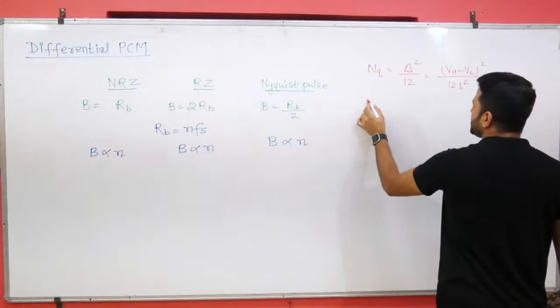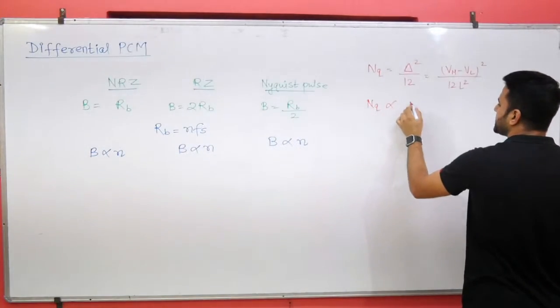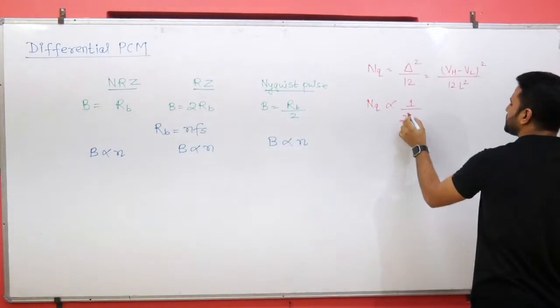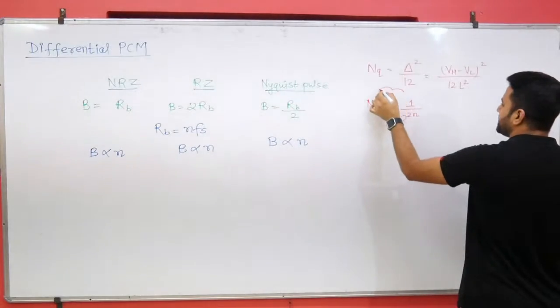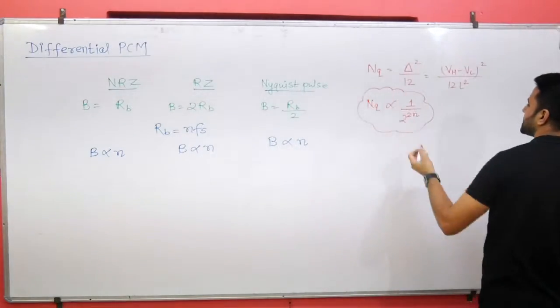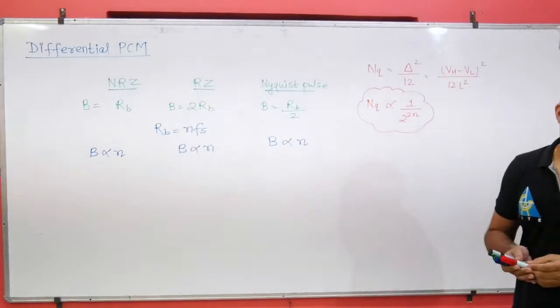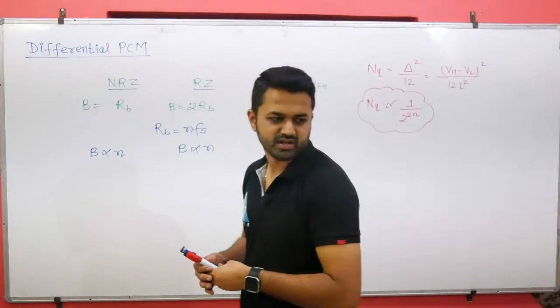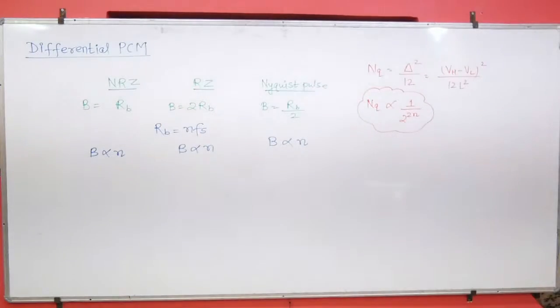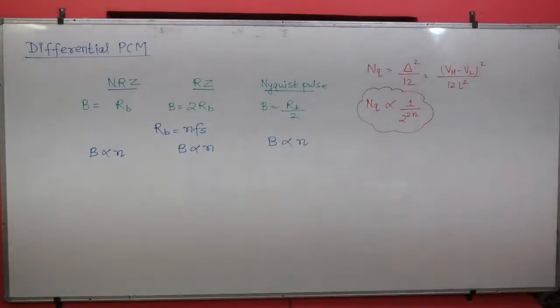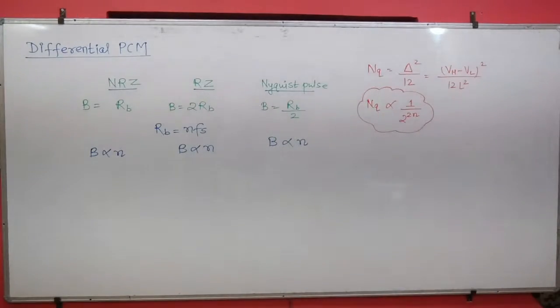So we say that the quantization noise power is inversely proportional to 2 to the power 2n, isn't it? So what will happen if we increase the number of bits?